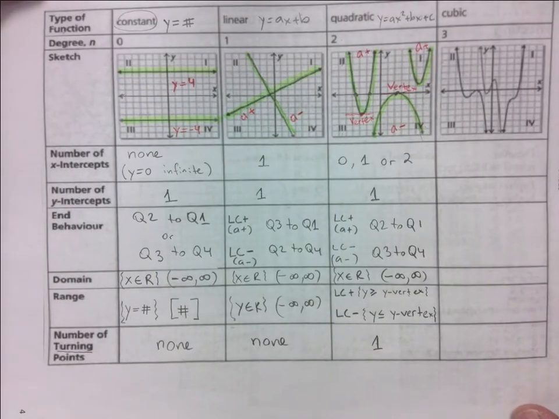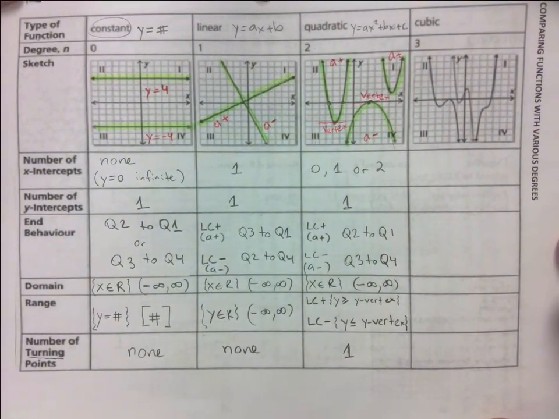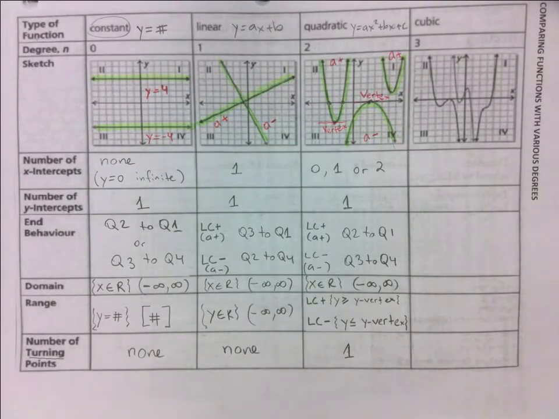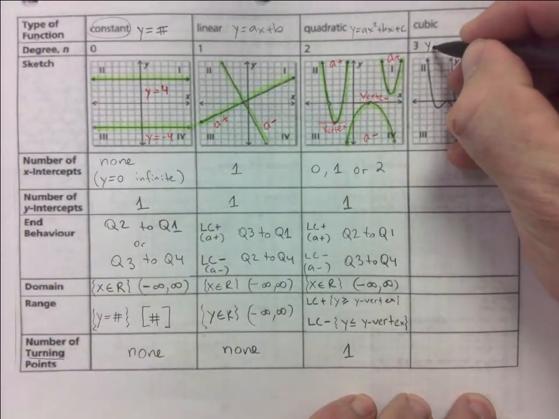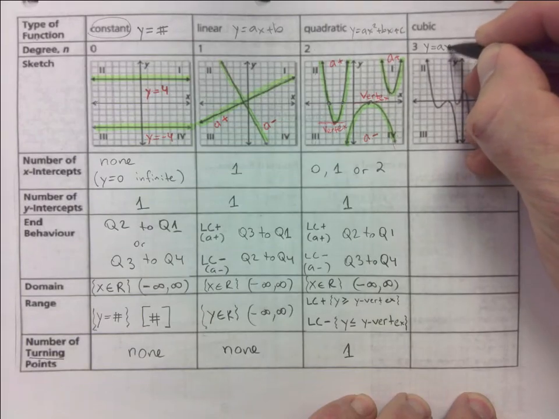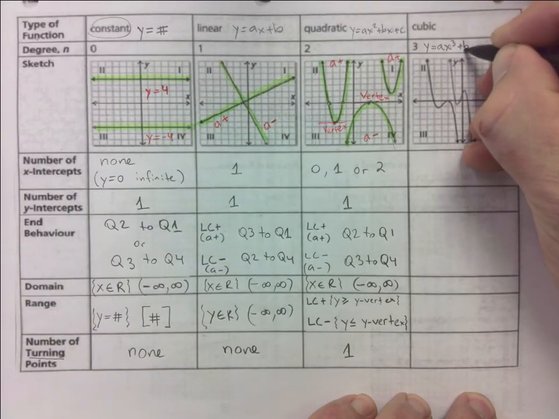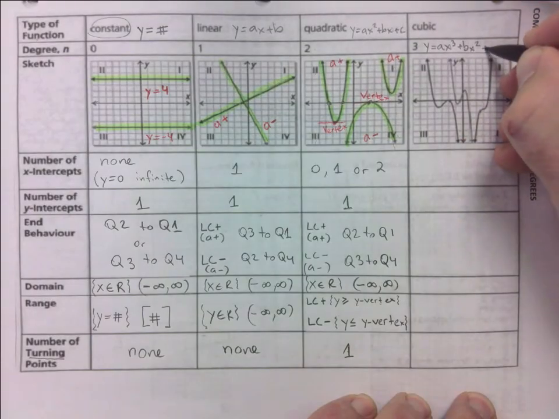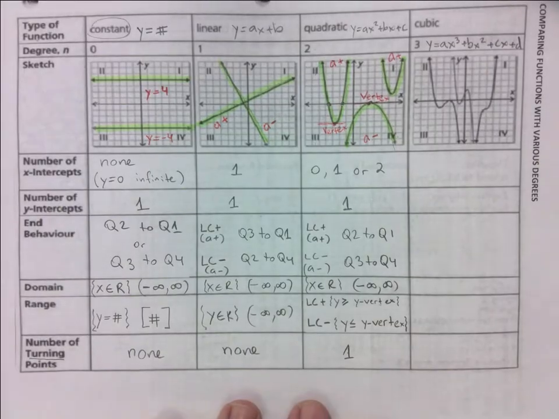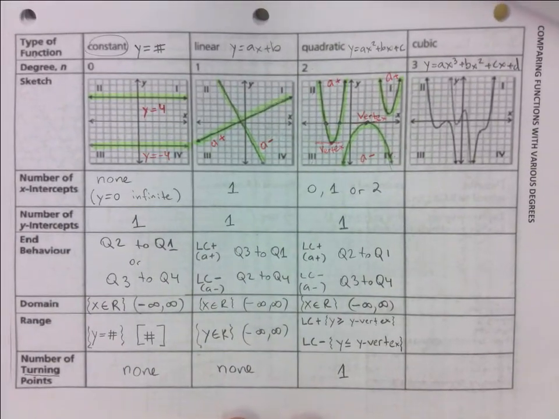And now your cubic. You know what? Let's fill this in first. So the cubic is y is equal to ax cubed plus bx squared plus cx plus d. You can't see that, can you? There you go.